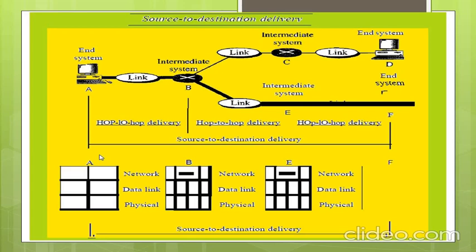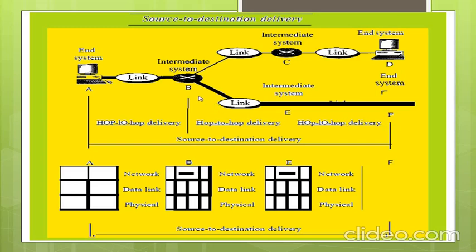You can see the diagram of a source to destination delivery. The network layer at A sends the packet to the network layer at B. When the packet arrives at the router B, the router makes a decision based on the final destination F of the packet.